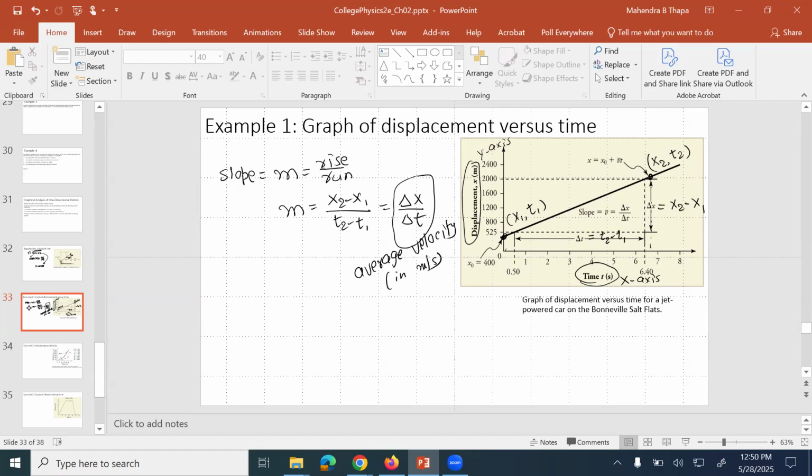Okay. So this gives the idea that if you find the slope of displacement versus time, the slope will give you the average v. Okay. The same concept can be used further.